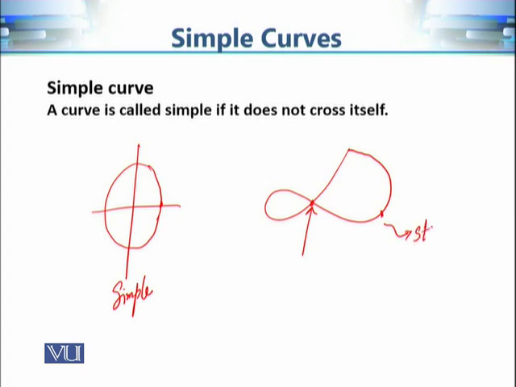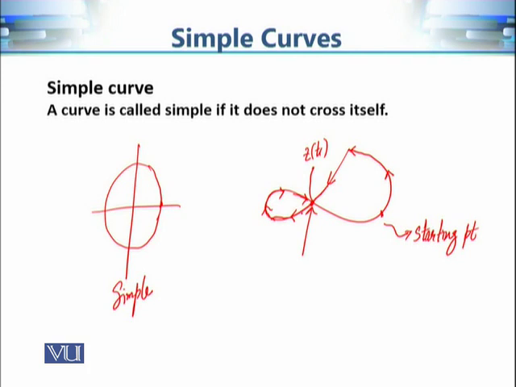Okay, so in other words, we can say that when we are traveling, let's say this is our starting point, and if we travel in this direction, and we reach at this point, let's say this point is z of t1. Okay, now we move on, the parameter t is increasing and we are traveling along the curve.